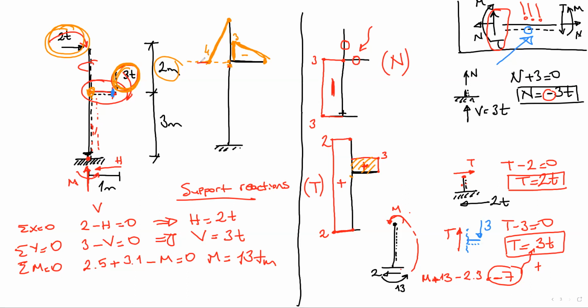So here, I will have a moment at the bottom, what I have, 13, according to these directions. So my curve will be like this.